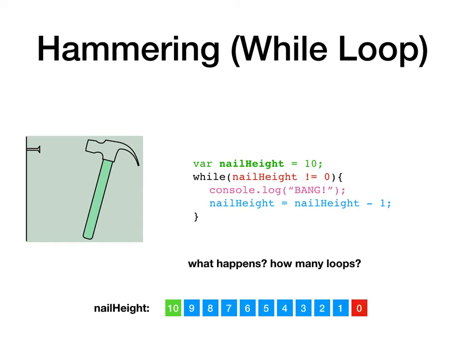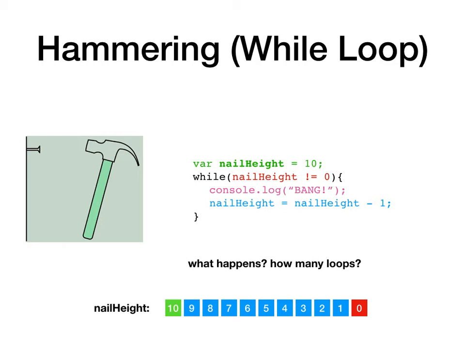All right, we've reached the point at which the while loop can no longer loop because it says, aha, nail height is equal to 0. This is not accurate anymore. I'm only allowed to loop when it's not 0. So I exit. Great. We hammered this nail into the wall in 10 strikes.